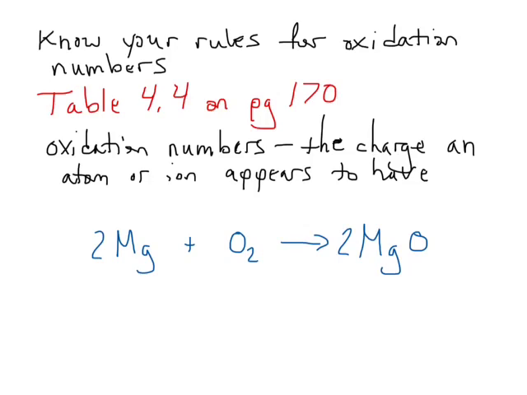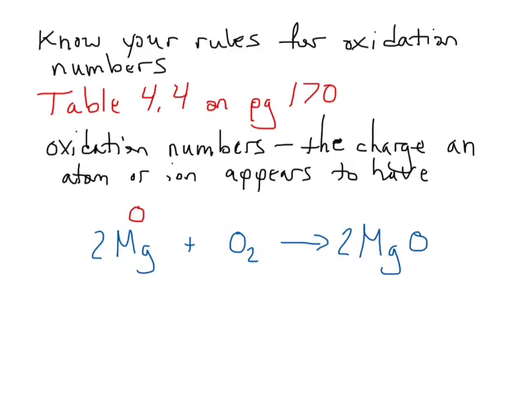So let's take magnesium for example. According to our rules, magnesium is a metal by itself. Nothing else, it's not bonded to anything else, and you see it doesn't have a charge up here. So its oxidation number is going to be 0.